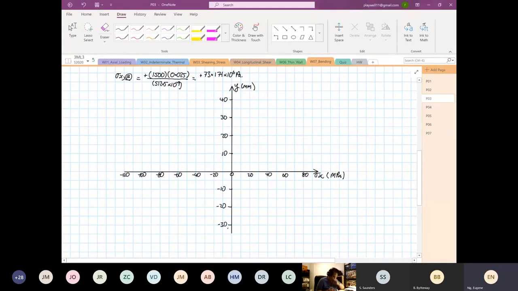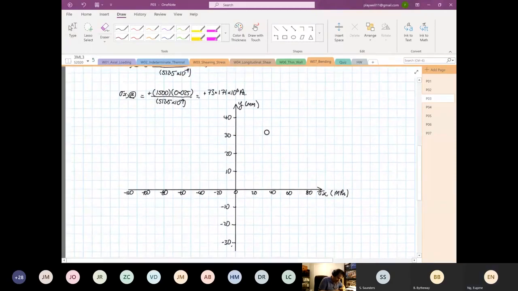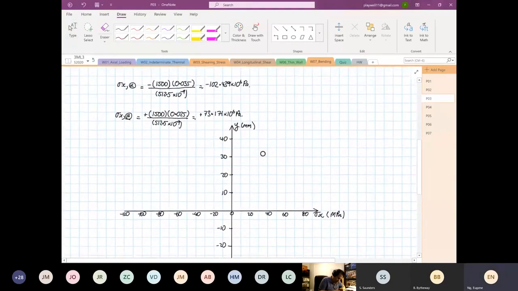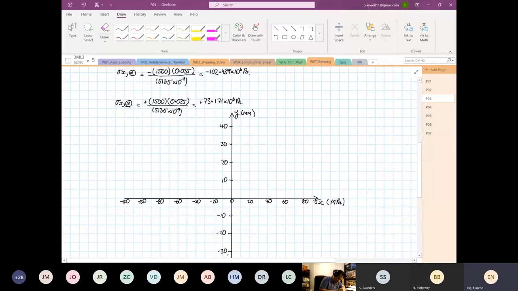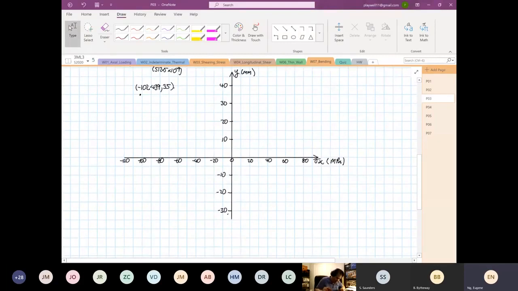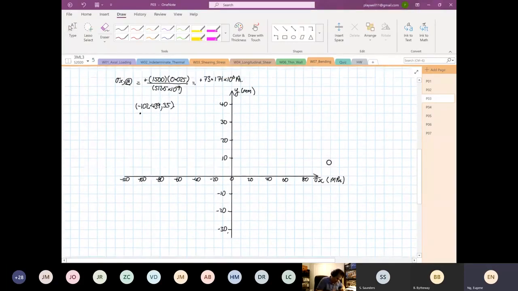So we know that at 35, we have 102. So eyeball is somewhere around here. This is minus 102.439, and this is going at 35. And at the other point, you have minus 25 running at 73.171.